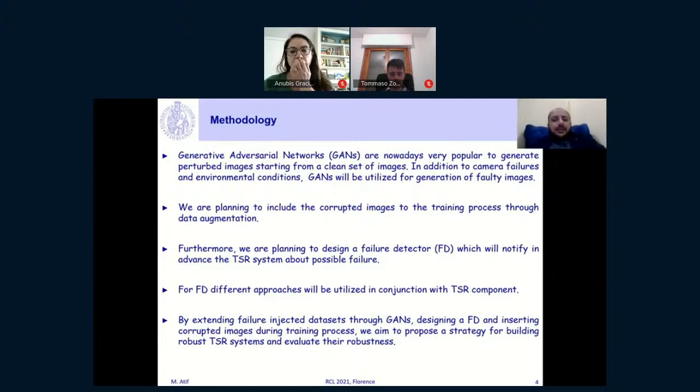By extending failure injected datasets through GANs, designing a failure detector, and inserting corrupted images during the training process through data augmentation, we aim to build a robust TSR system, and we will evaluate the robustness of the proposed TSR system.